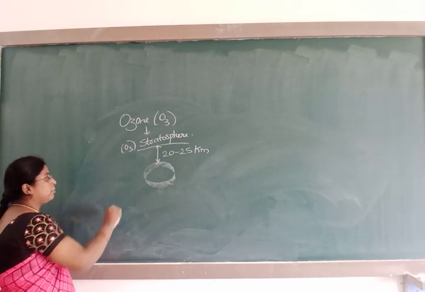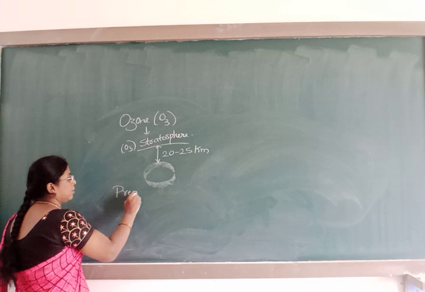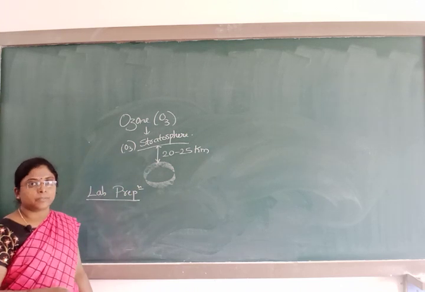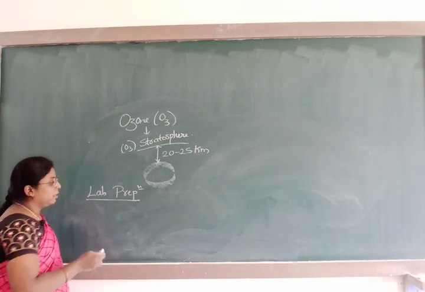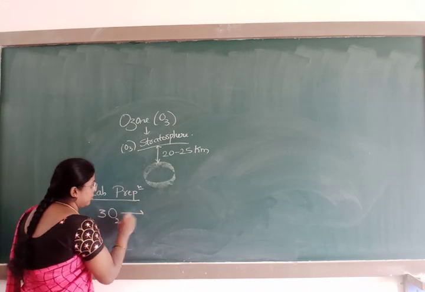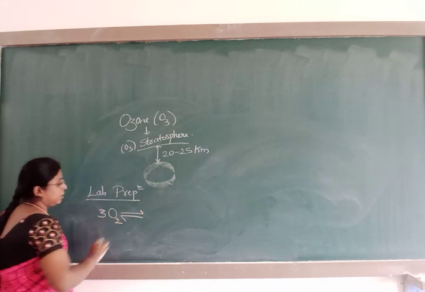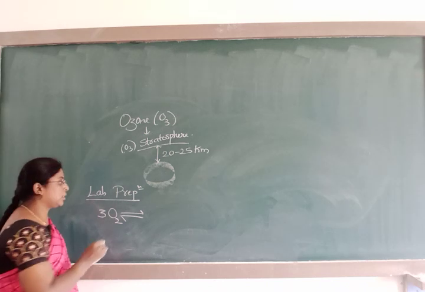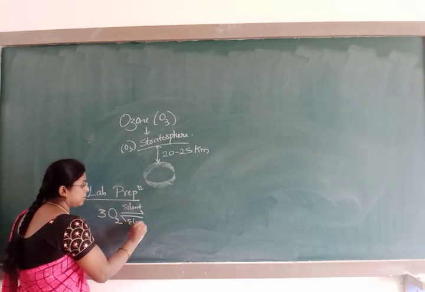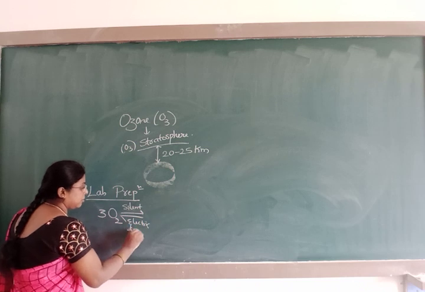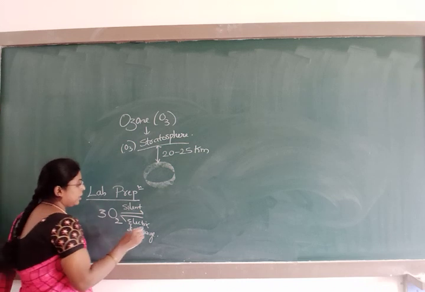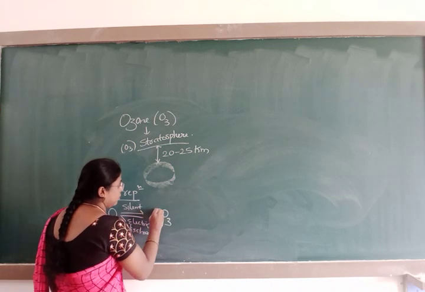In the lab, we can also prepare ozone. In the laboratory method of preparation, when a silent electric discharge is passed through dioxygen, O2, they combine and form ozone, O3.